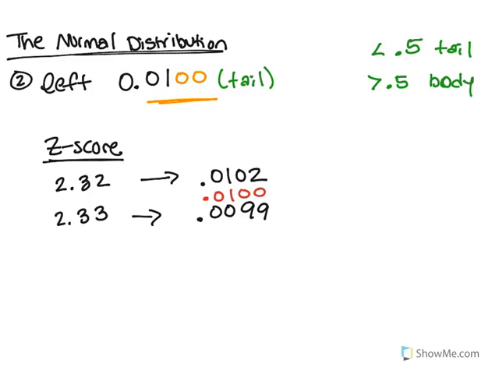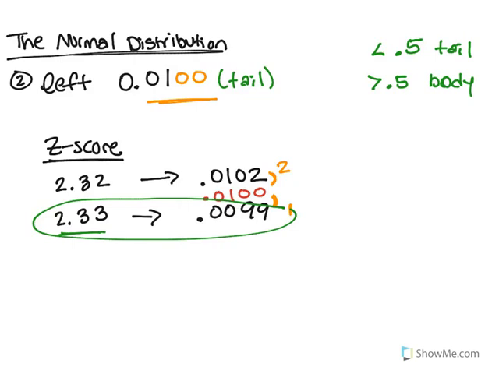The top number is two numbers off, versus the bottom one, which is 1. So the bottom one is closer. So we're going to go with the z-score of 2.33 because that one is closer to 0.0100. Does that make sense?